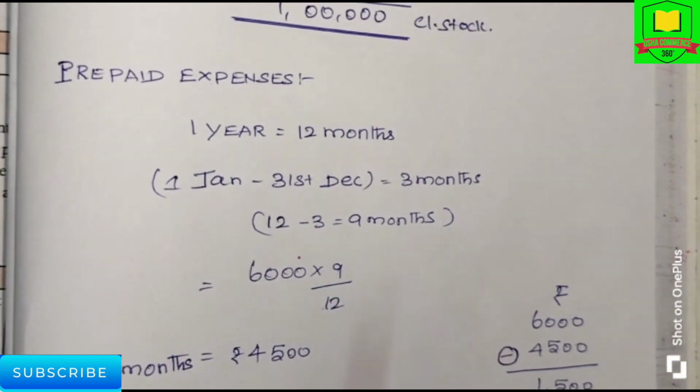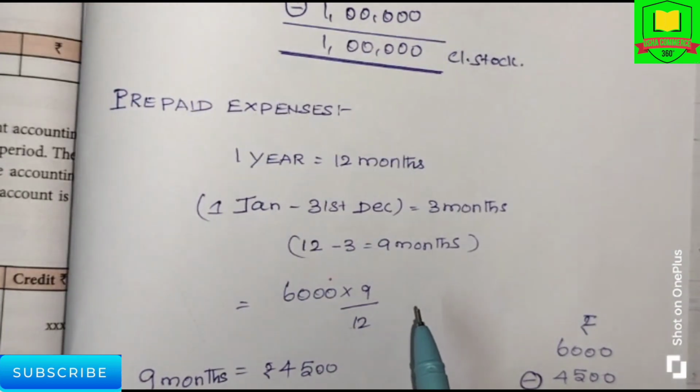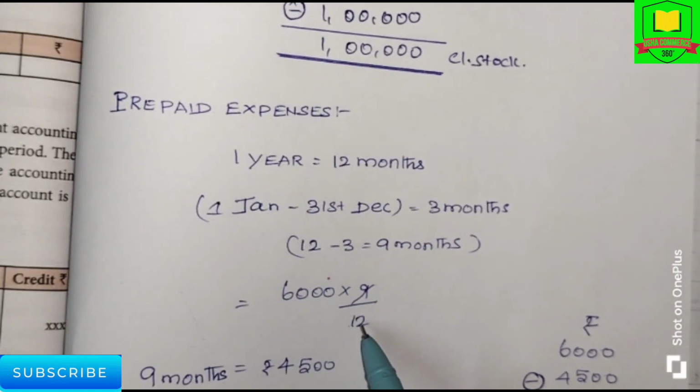How can we calculate prepaid expenses? We have to take 9 months out of the 12 months.